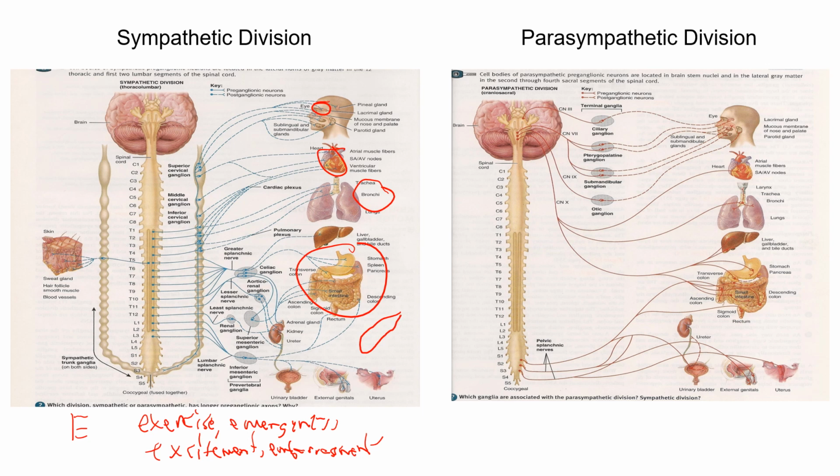So pretend this is a skeletal muscle. These vessels will actually dilate, whereas your GI tract would constrict. The reason for this is if we're running away, we need oxygen moving to our legs. So that's why they dilate. Liver will release glucose, which we alluded to, as an energy store.